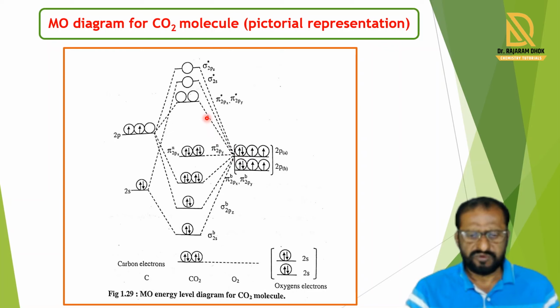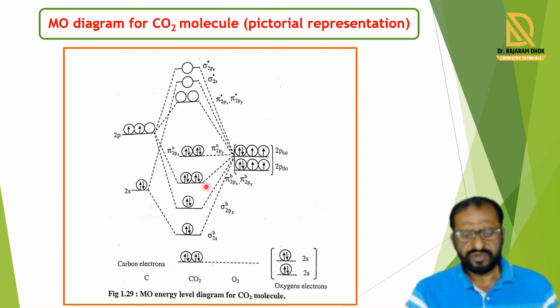So from this, we can explain that antibonding molecular orbitals are mainly contributed by the carbon atomic orbital and less by the oxygen atomic orbital.